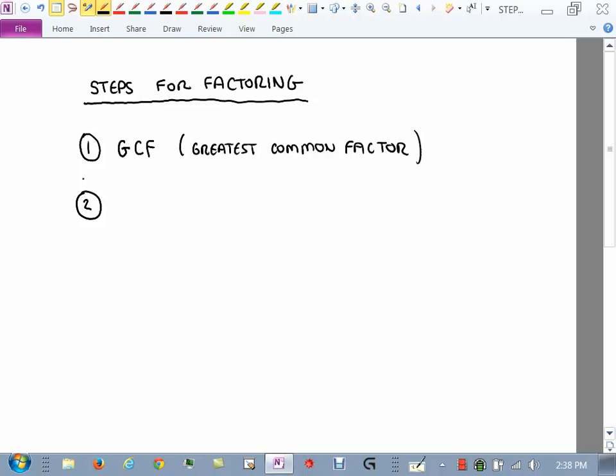And hopefully you learned that depending on the number of terms that remain, that kind of dictates what road you take as far as factoring is concerned. So the second step is to count the number of terms that remain. So determine the number of terms. And then we have a couple of cases.